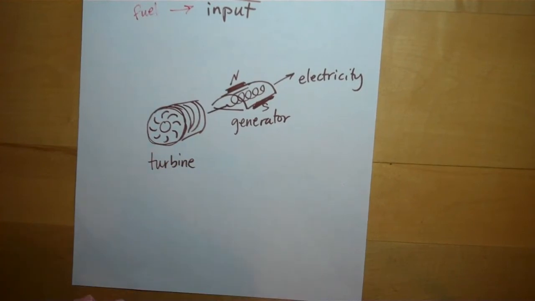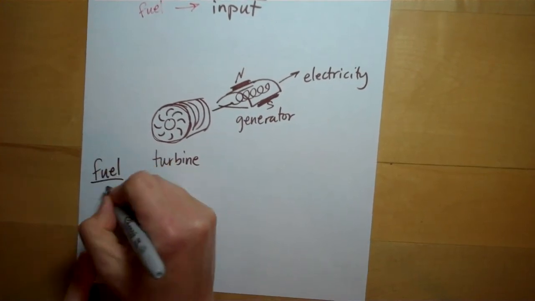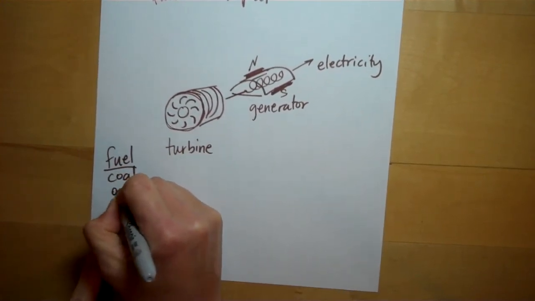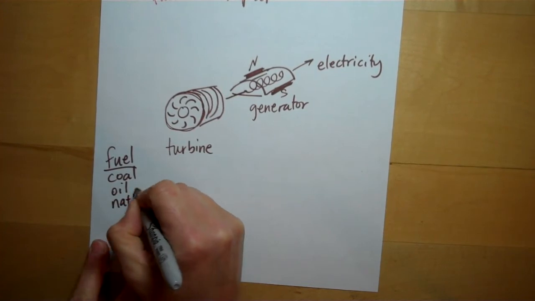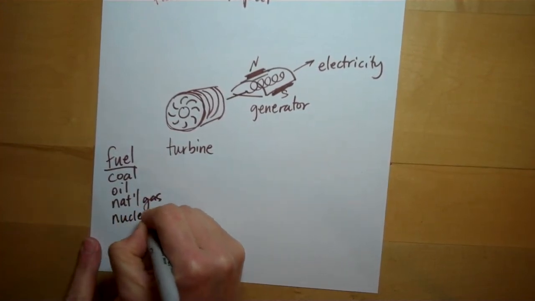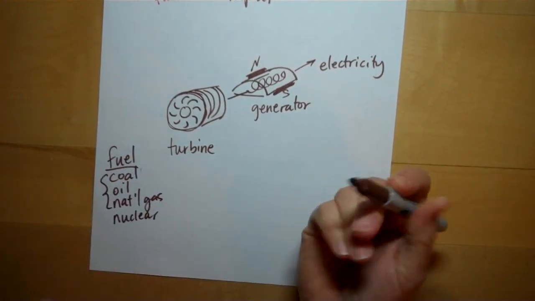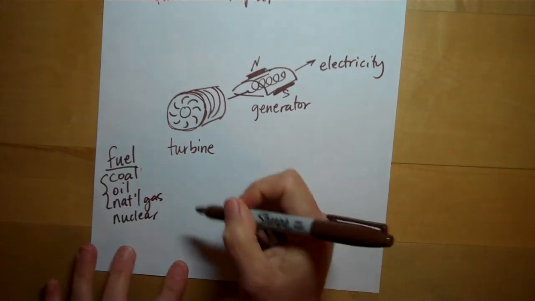But I want to talk about what happens when you use a fuel. So say you use some kind of fuel like coal, a fossil fuel, oil, or natural gas. Or actually we could even talk about nuclear fuel. So you burn one of these fuels, or in the case of a nuclear reaction, you allow the nuclear decay to go on.